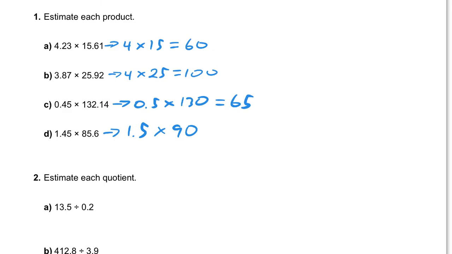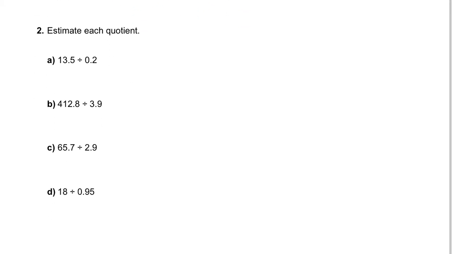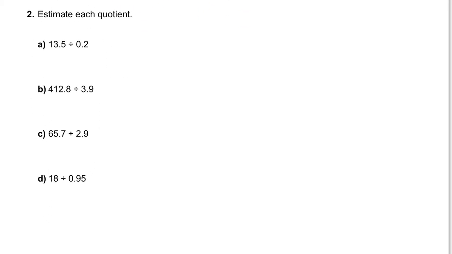Well, one group of 90 is 90, and half of 90 is 45. So then 90 and 45 is going to be 135. And that is going to be our estimate for that. Your estimates might be slightly different, and that's okay, as long as it's in the right ballpark.